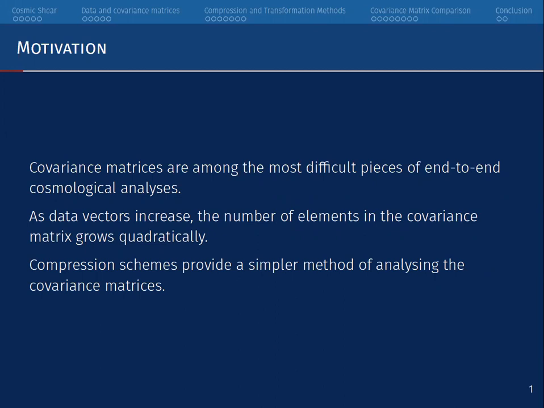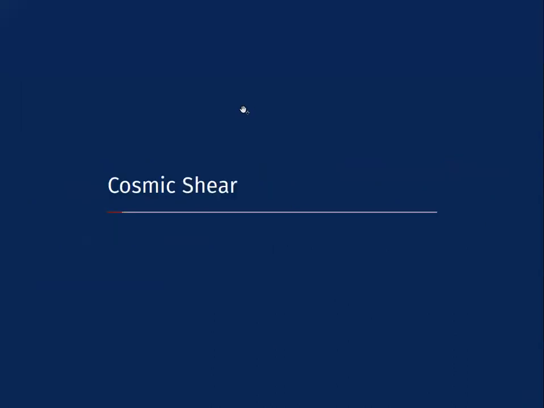It takes a long time to calculate them, and as we look ahead for future surveys like LSST, DESI, or Euclid, when data vectors will become increasingly larger, the number of elements in the covariance matrix will grow quadratically, making them even bigger and more difficult to analyze. A simpler method of analyzing these matrices is to use compression schemes capable of reducing their size while maintaining the relevant information for comparison and also for obtaining parameter constraints.